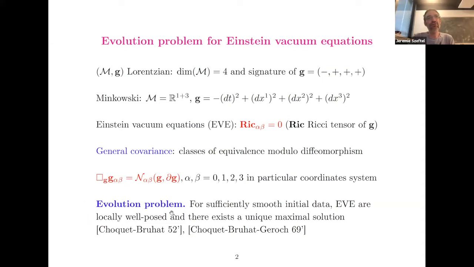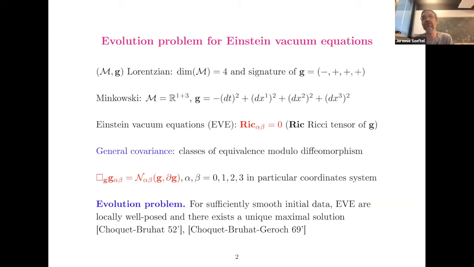Okay, so the evolution problem. Since these are wave equations, this is a hyperbolic problem, and therefore there is a Cauchy problem involved, or an evolution problem. And we know since the seminal work of Choquet-Bruhat, and later Choquet-Bruhat and Geroch, that there is local existence and well-posedness for this system. In other words, if I take sufficiently smooth initial data, the Einstein vacuum equations are locally well-posed and there exists a unique maximal solution.